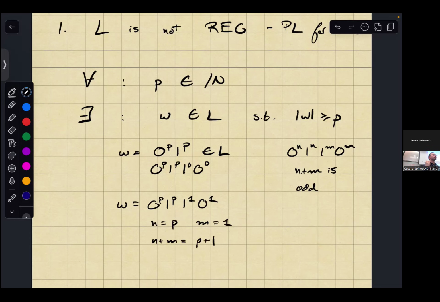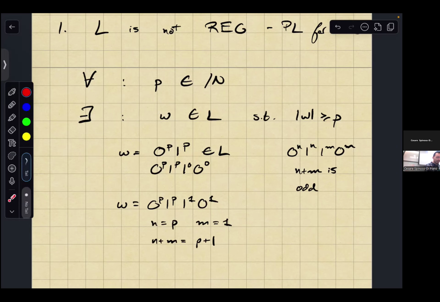That's great if p was even, right? But now what if p is odd? Then odd plus 1 is even, so I'm no longer in L again. So the opponent wins. Sad. So that also doesn't work. Now I need to be a bit more clever. I need to pick a string where it doesn't matter whatever p is.